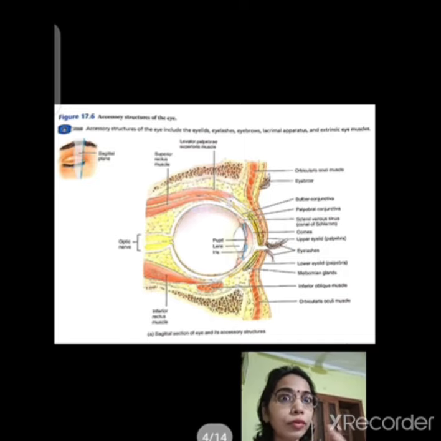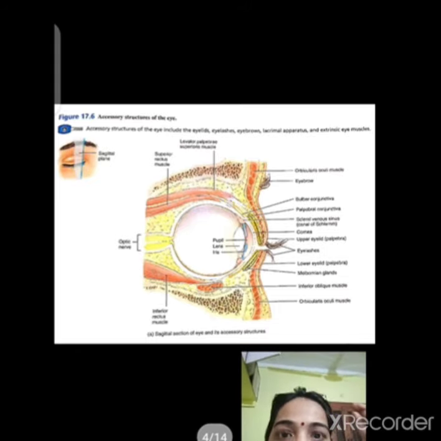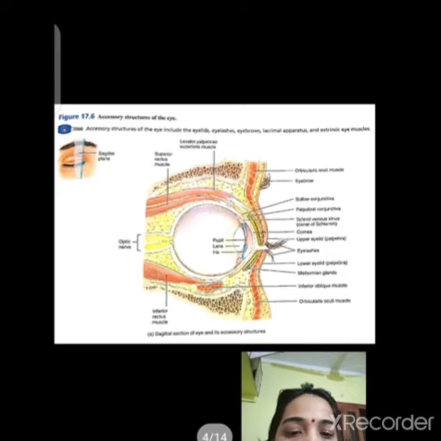These are the various movements of the eyes, and you can rotate also. The combination of movement is when you rotate your eyes, like this, when you are moving lateral, superior, inferior, downwards, medially. So these 6 extrinsic muscles are responsible for the movement of the eye.